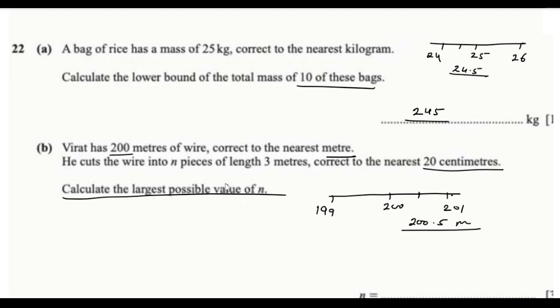So when I divide 200.5 by the length of 3 meter, near about 66 pieces I am cutting.